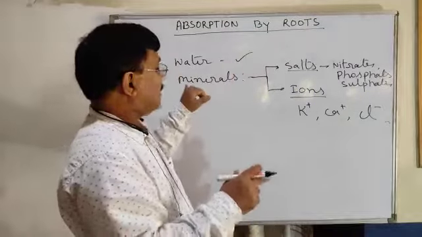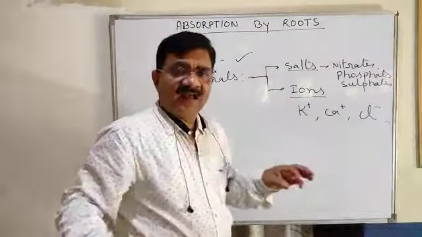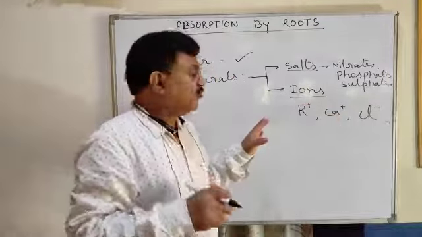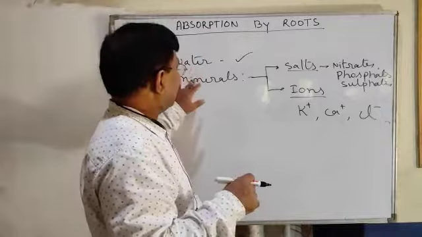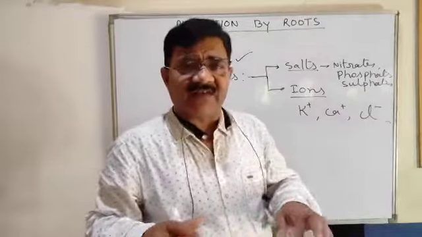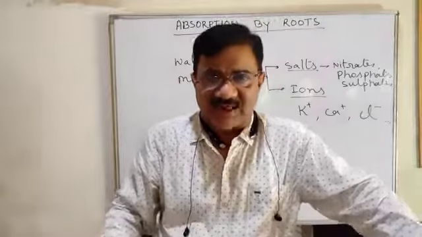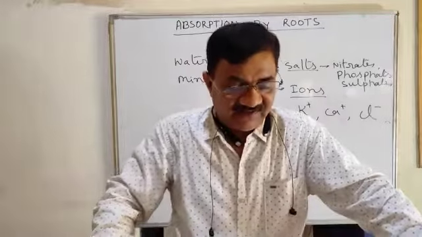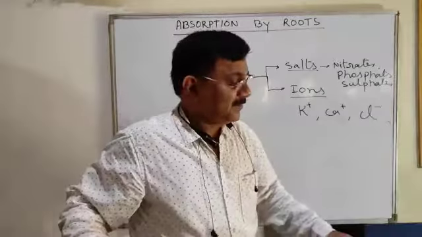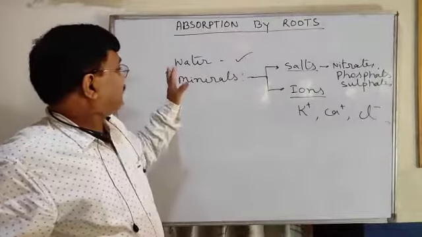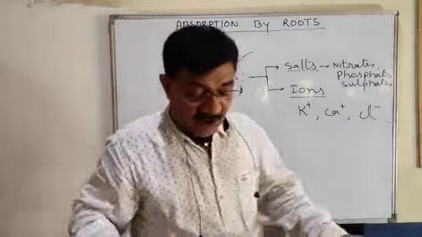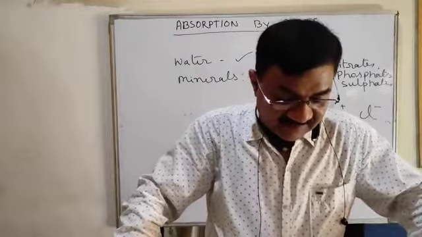So, the function of root other than fixing the plant is absorption, and roots absorb water and minerals. Water, why it absorbs, we have discussed: for photosynthesis, for protoplasm, for mechanical stiffness, for transportation, for transpiration. The other part absorbed is the minerals, either in the form of salt or ions.